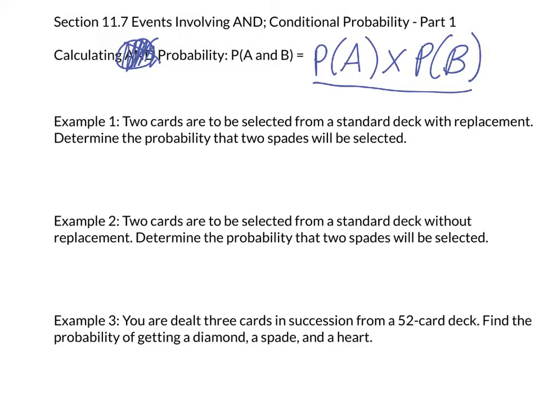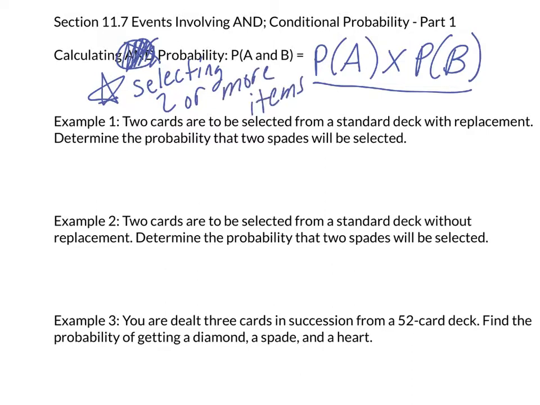You're going to have to read these questions very carefully. Whenever you're selecting 2 or more items, that's when you use the "and" formula. Whenever you're selecting 2 or more items, then you know at the very least you're going to be multiplying.